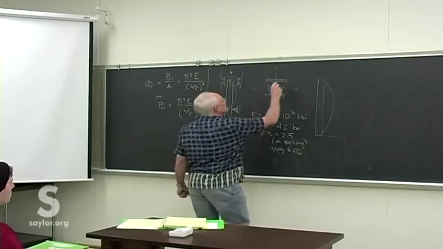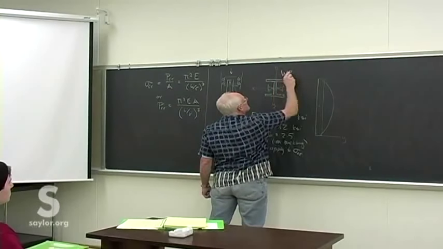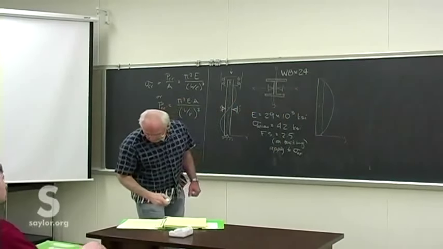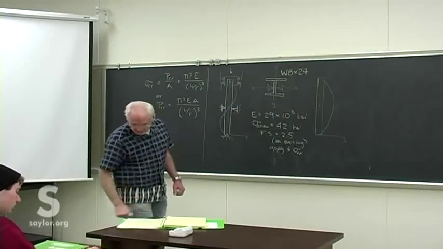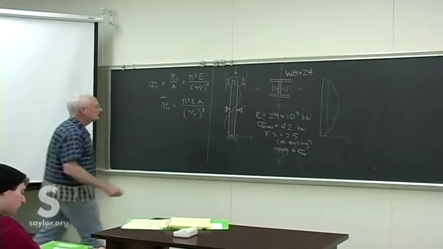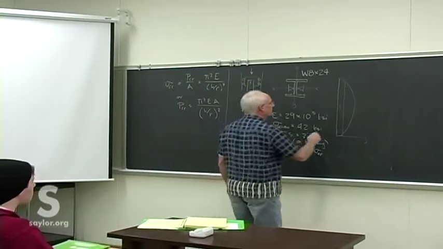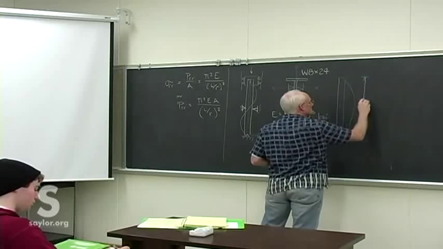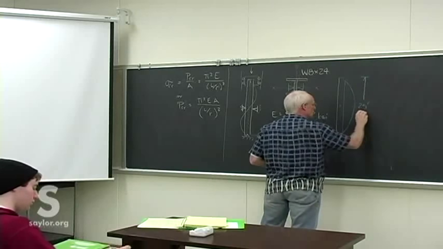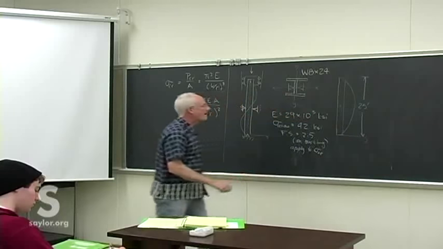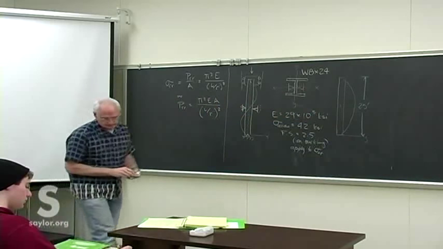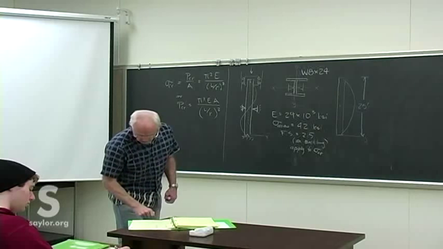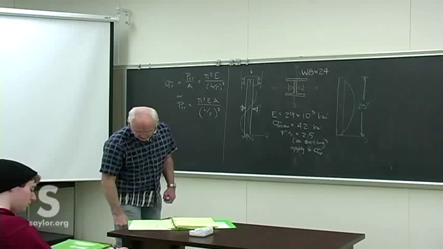The other piece you need to know is this beam is a W8 by 24. Also that it's 25 feet tall. I think that's all the pieces you need. So determine a critical load based on the two possible failure modes.